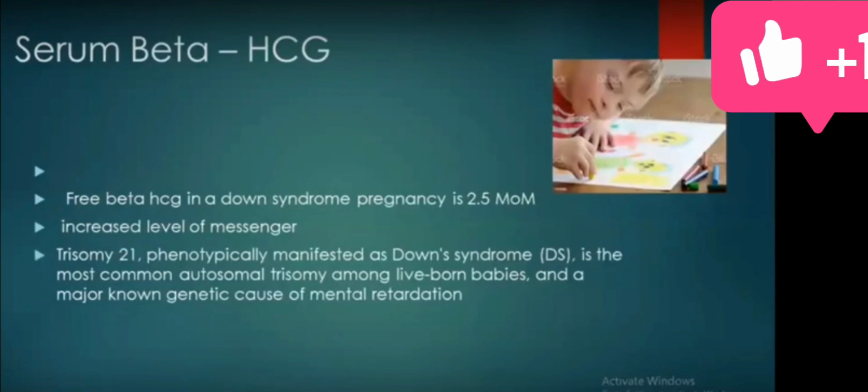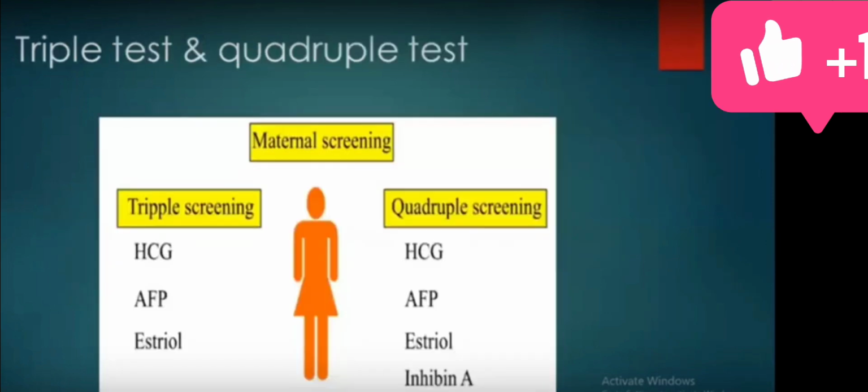Another is serum beta HCG. In Down syndrome, or trisomy 21, it is almost 2.5 times more, 2.5 multiples of median. So we can see that these two markers are abnormal, and there is more chance of abnormality to the fetus.